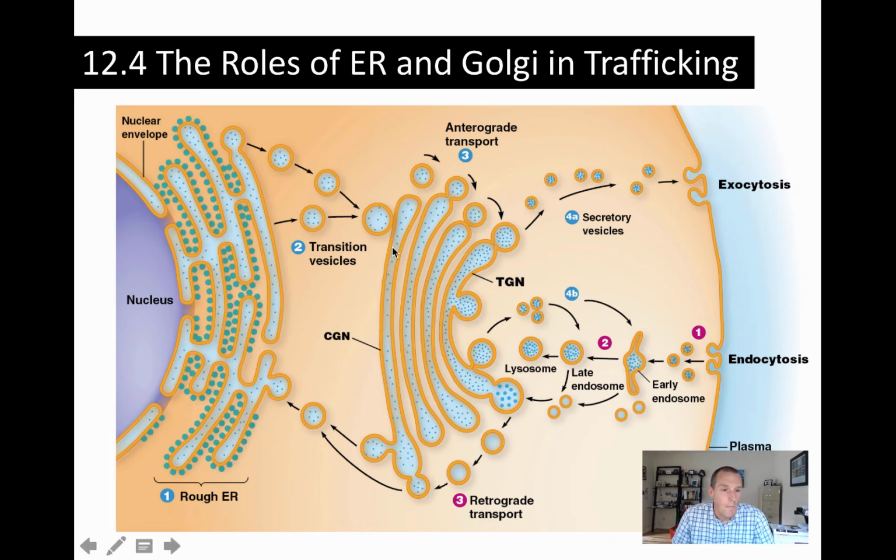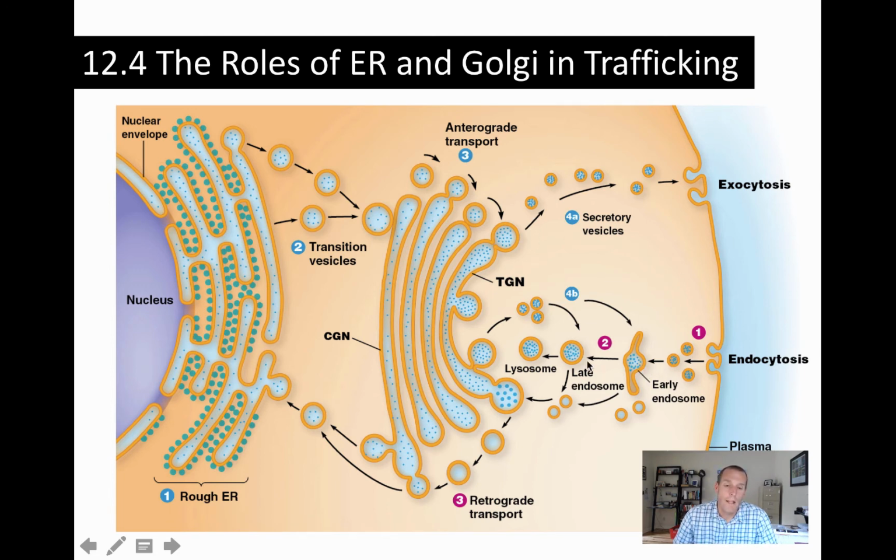So there are mechanisms for putting proteins translated in the rough ER into the appropriate transition vesicles to send them to the cis-Golgi network, and then proteins and lipids have to be moved through anterograde transport to the trans-Golgi network, and then they may be secreted, or sent off to other locations in the cell.